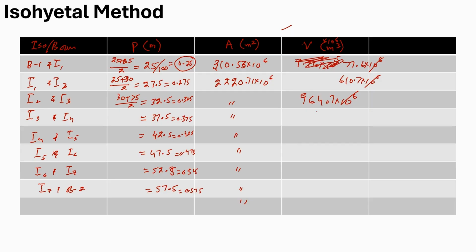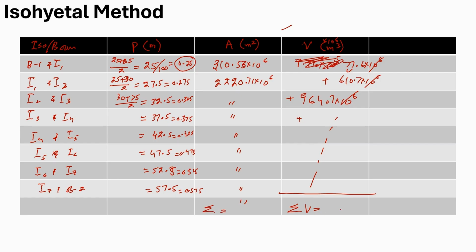When we get all the values of volume in all the boxes, we will simply add these values, this one plus this one plus this one plus this one. We will sum up the volume and we will sum up the area.